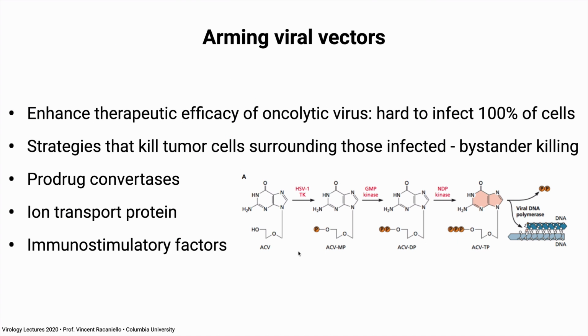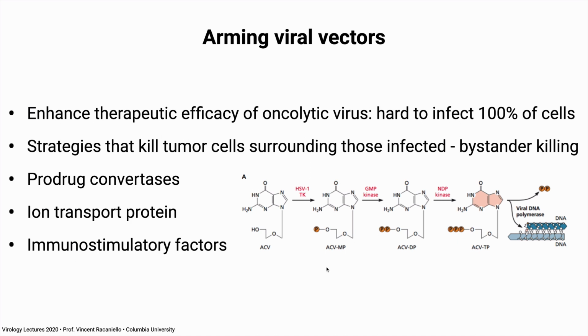Another one is to arm your viral vector with a prodrug convertase. So remember, acyclovir is a drug to treat herpes simplex virus. When the drug gets into cells, it's phosphorylated by the viral TK and then triphosphorylated by cell TKs, cellular kinases, and eventually gets incorporated as a chain terminator by the polymerase.